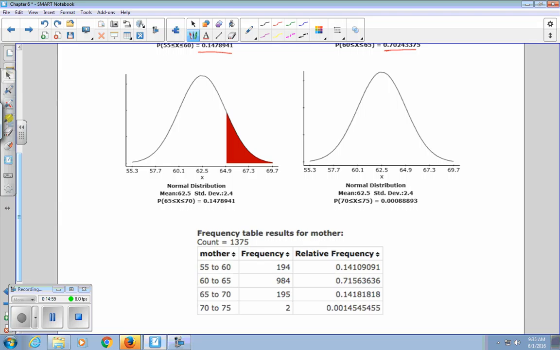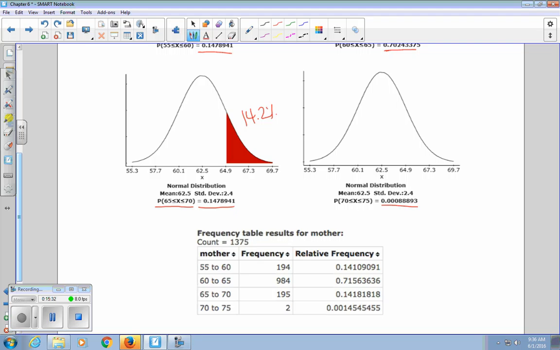To look at the probability of finding a woman that's between 65 and 70 inches, our model says 14.79%, and our actual from the table was 14.2%. And the probability of finding someone between 70 and 75 inches is pretty small.